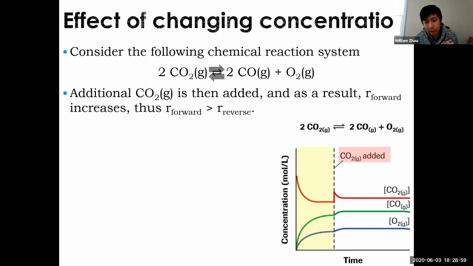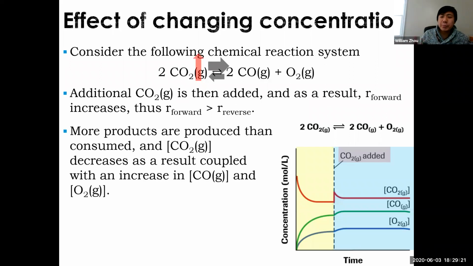How? Because now you have more CO2, the forward reaction will have more fuel than the reverse reaction, so it will win. So CO2 increases, this increases the rate of the forward reaction. If you look at the equation, the forward arrow now is bigger because it's becoming faster. And if that becomes faster, you will be more efficient at making products than the products are making reactants.